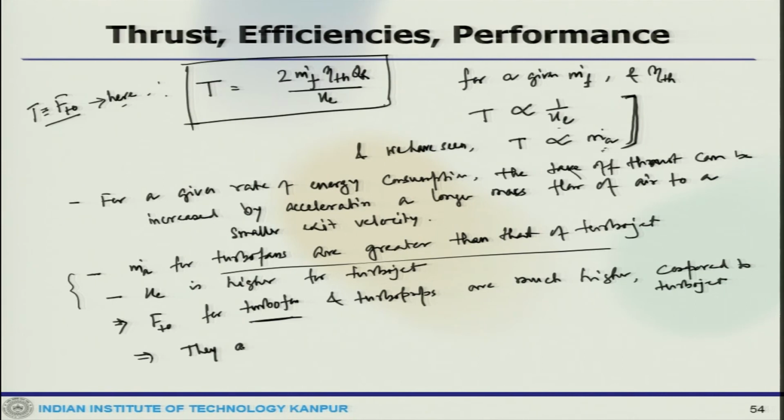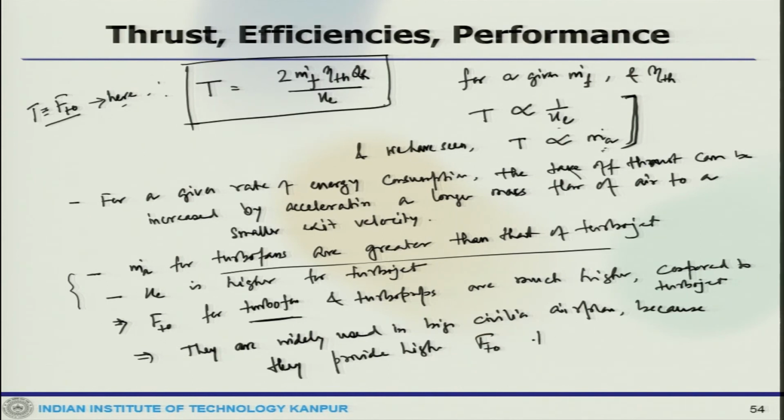They are widely used in big civilian airplanes because they provide higher takeoff thrust to take off with larger weight, and that is one of the primary reasons why, in all the recent development and the kinds of engines we discussed during the introductory lecture, the turbofan is more and more popular, but with different blends of bypass ratio.